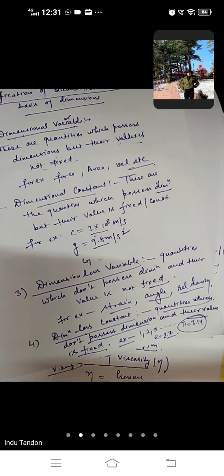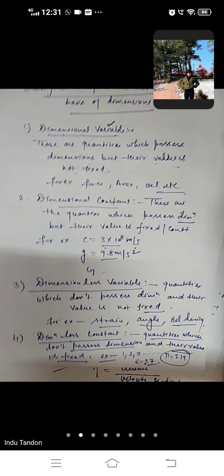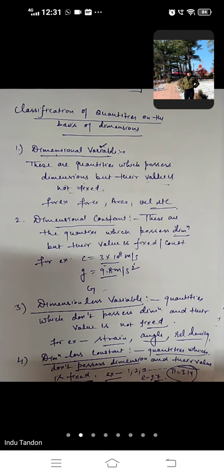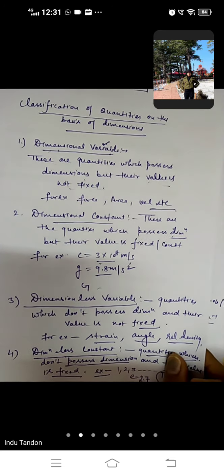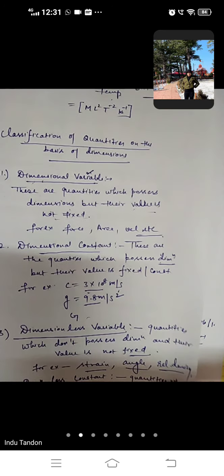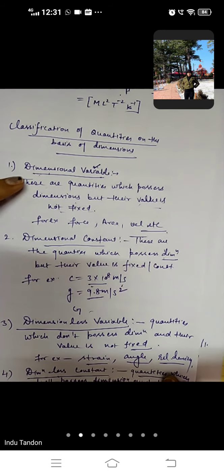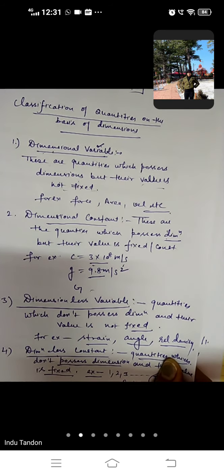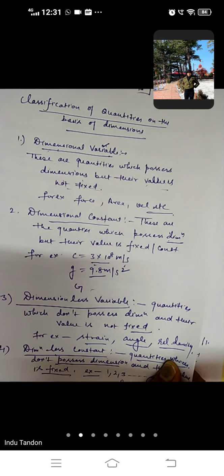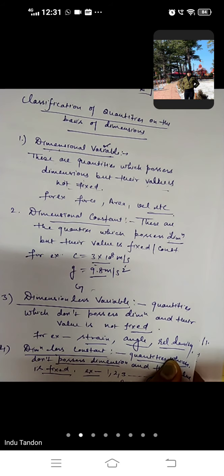In maths you will study exponential function e, and the value of e is 2.7. Pi is 3.14. Right? So these are the types of quantities: dimensional variable, dimensional constant, dimensionless variable, and dimensionless constant. I think it is clear to all of you.